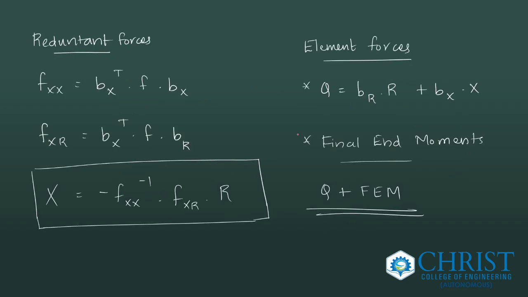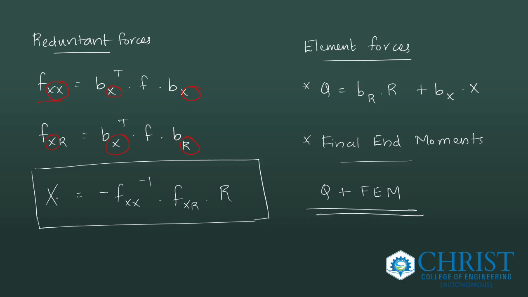Now the formulas, you have to study this formula: Fxx equal to Bx transpose dot F dot Bx. This is my formula. X is there, so both will become X. For Fxr, the first X represents Bx transpose, and the second R represents the last BR. That's the only difference.